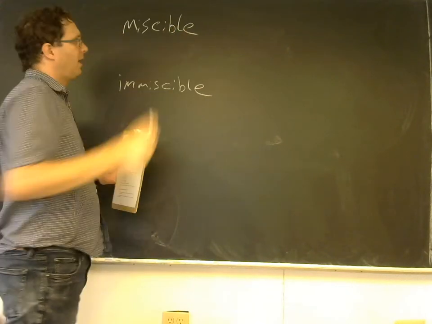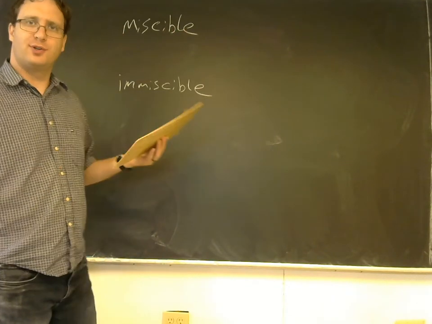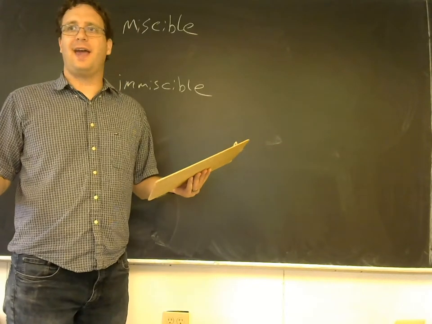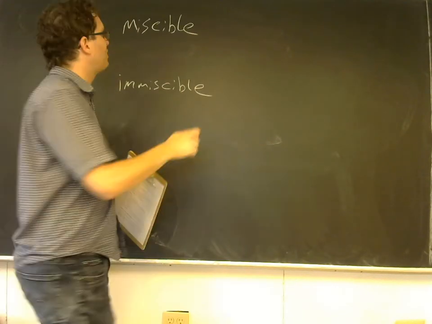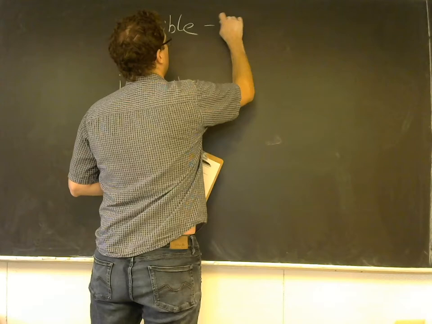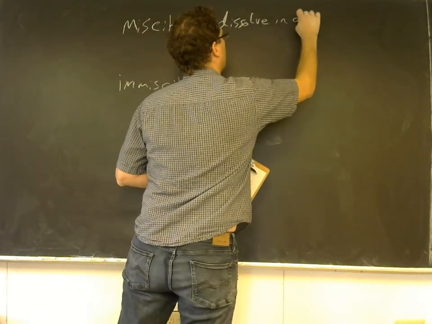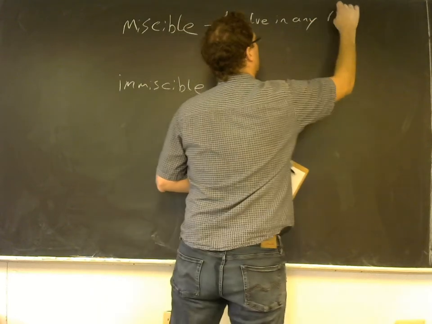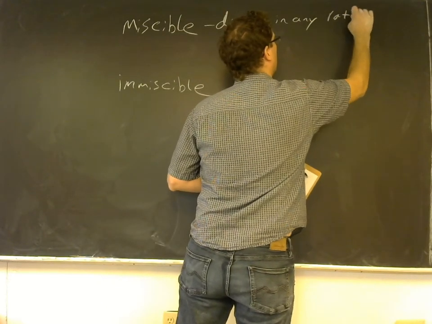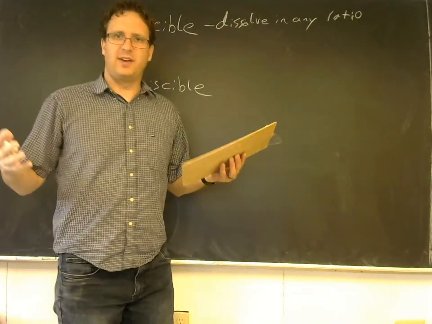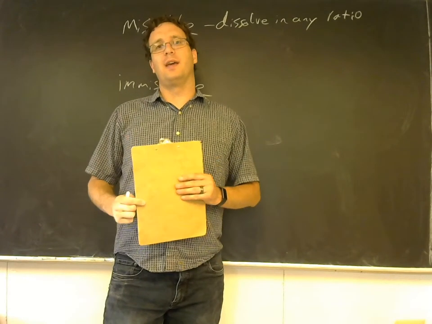Miscible is a special word for two liquids that can dissolve in any ratio. And so that means that they kind of have an infinite solubility in each other.